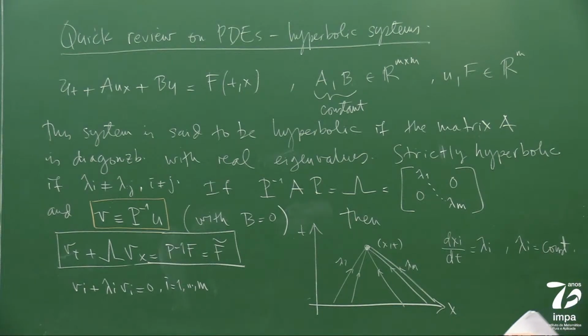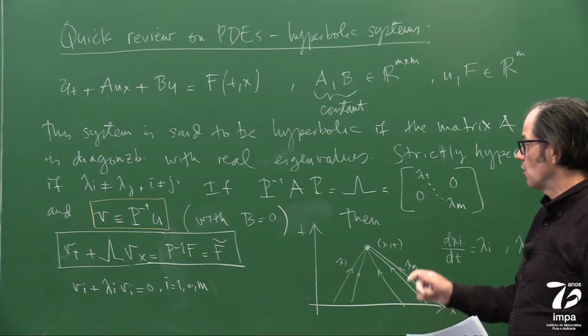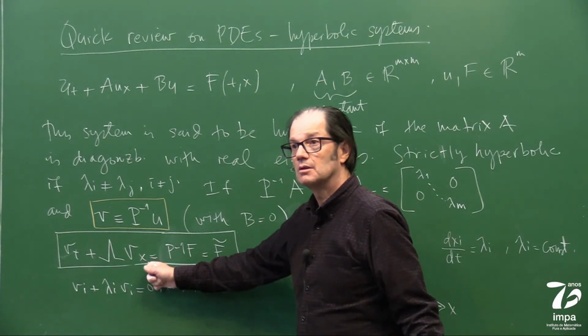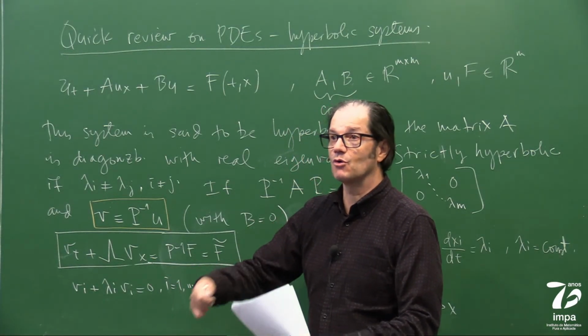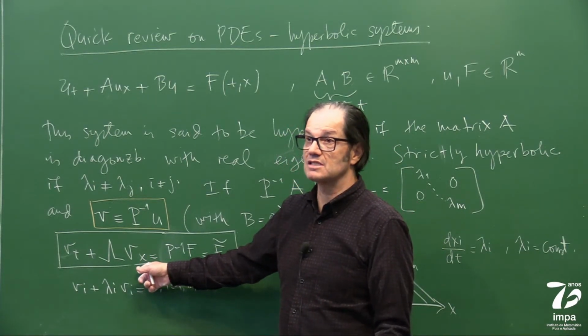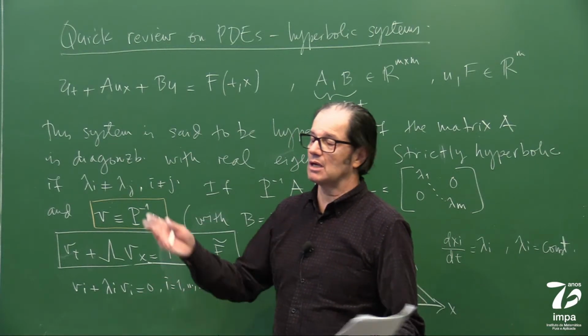When B is non-zero, then all these guys are coupled, right? Because I'm going to have a B term here, and with the B term there's no way I can uncouple the modes. It would sort of mix the modes in the coordinate system that diagonalizes the matrix. But no big deal.